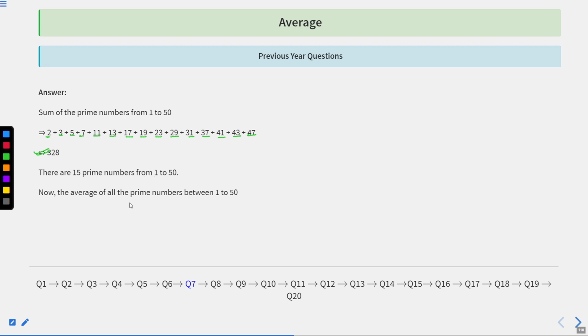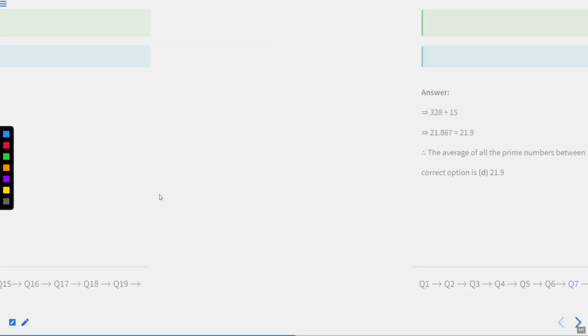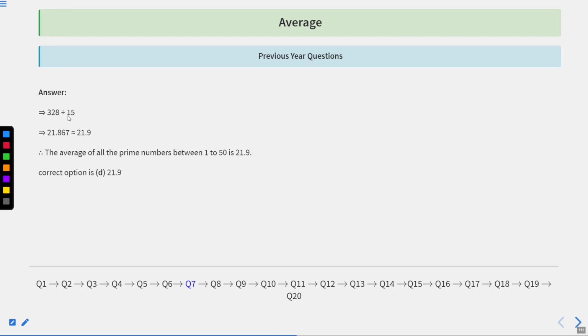Now the average of all prime numbers between 1 to 50 is 328 divided by 15, which is equal to 21.867. Now the question says round off to one decimal place. So when we round off, we will have 21.9. So the average of all the prime numbers between 1 to 50 is 21.9. The correct option here will be option number D.